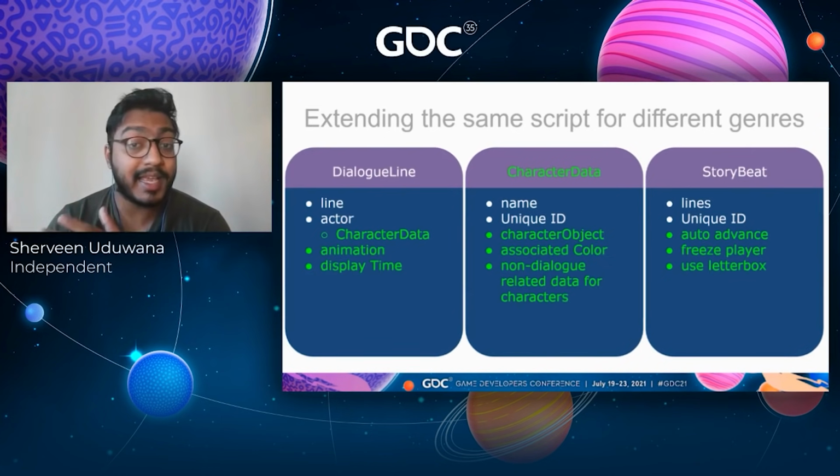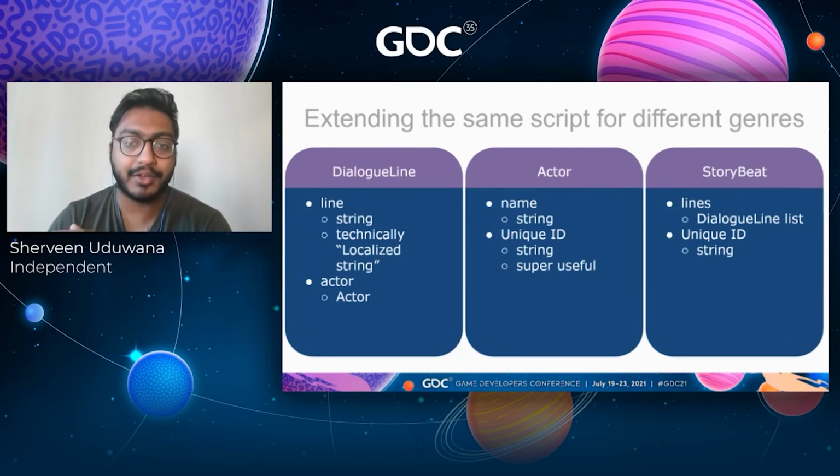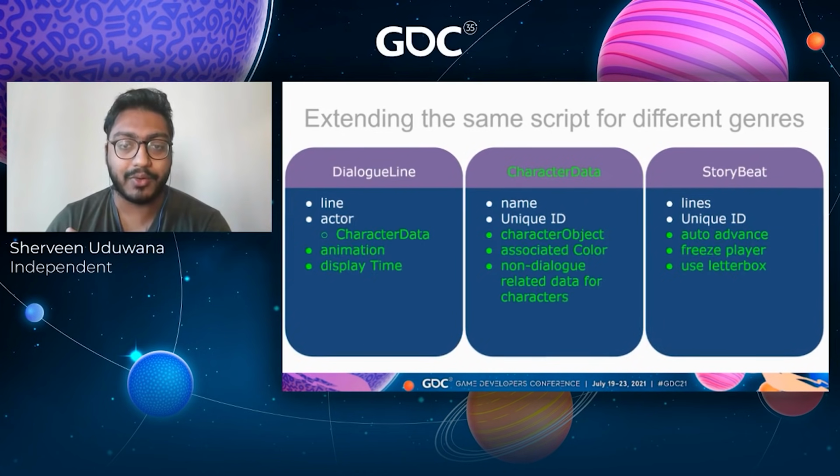So this is what I did to those 3 generalized scripts to make it work for Blackcurrant. If we go and compare, you can see this actor script is now completely gone. It's been replaced by a character data script, which was just a more robust thing that I already had for the characters.